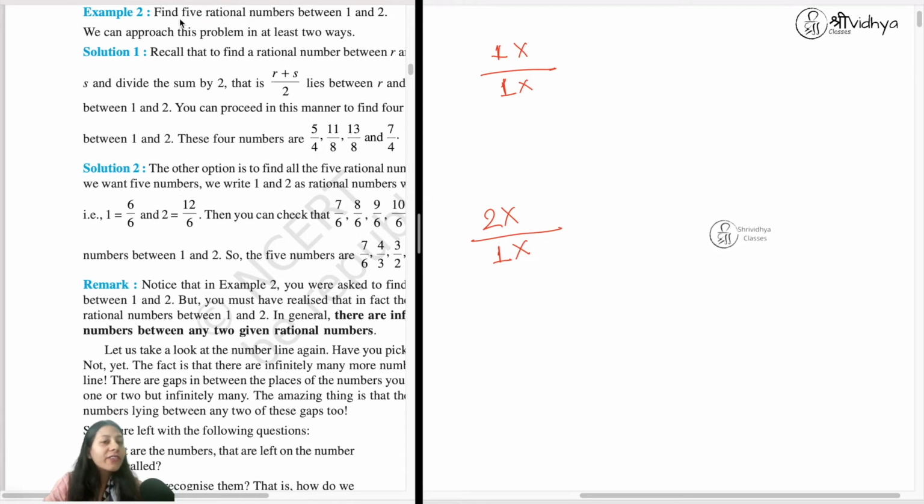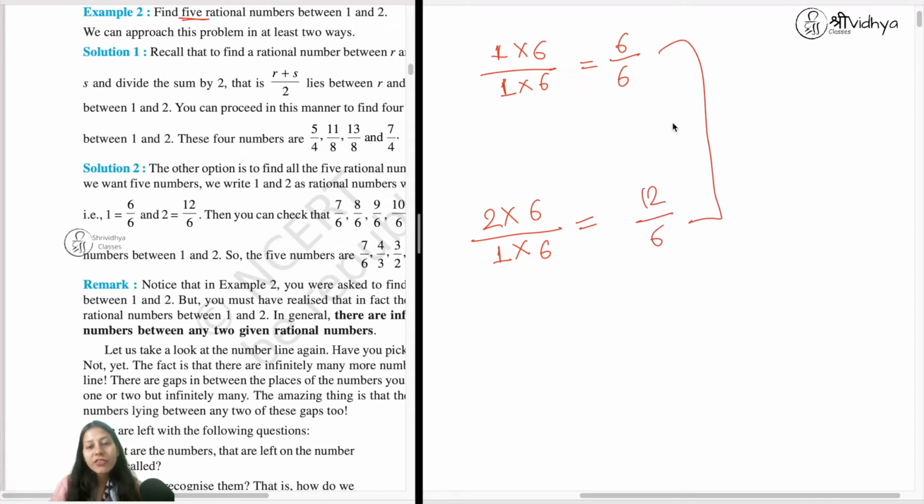We need to write 5 rational numbers in this question, so you can multiply by a number bigger than 5. You can multiply by 6, 7, 8, 9, 10, any number. Let's multiply here by 6, but multiply both the rational numbers by the same number. So we get 6 by 6 and 12 by 6.